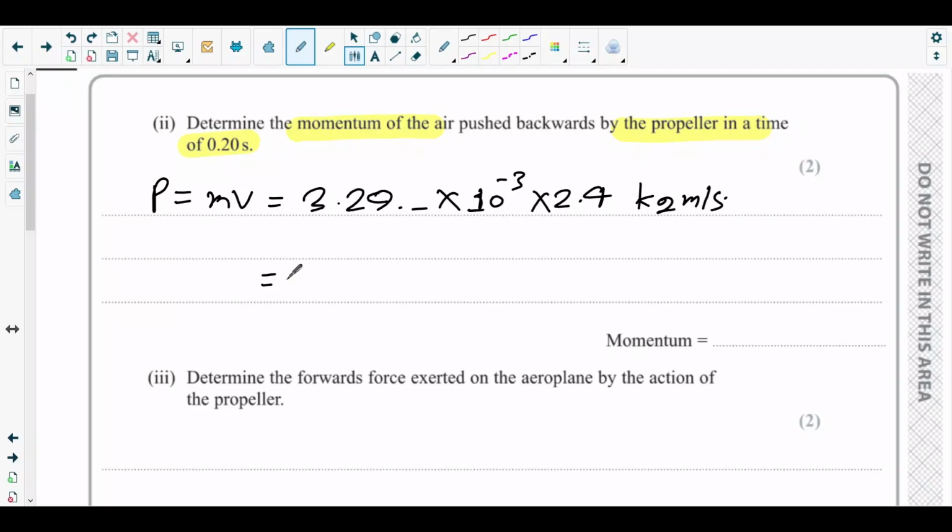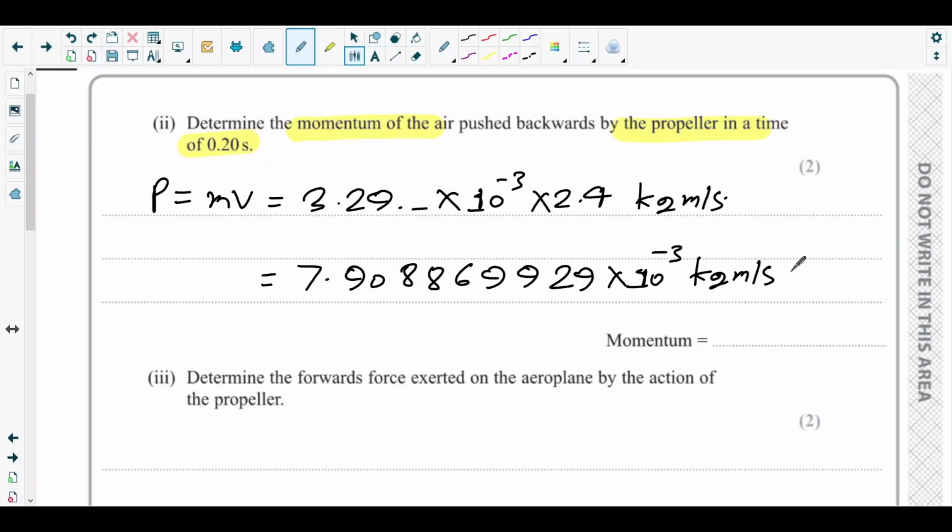That would give you 7.90886929 times 10 inverse 3 kg meter per second. We can write it to three significant figures, that is 7.91 times 10 inverse 3 Newton second. That's the answer for part 2 of A.